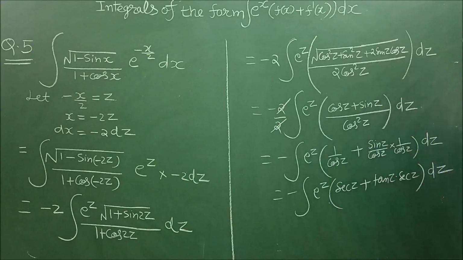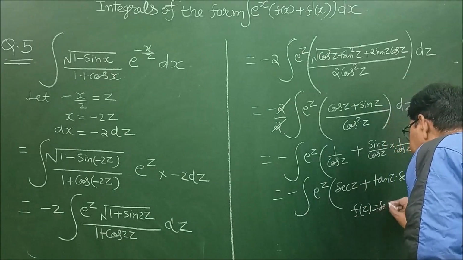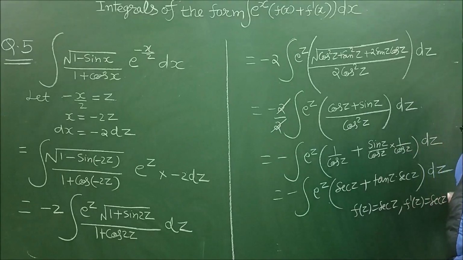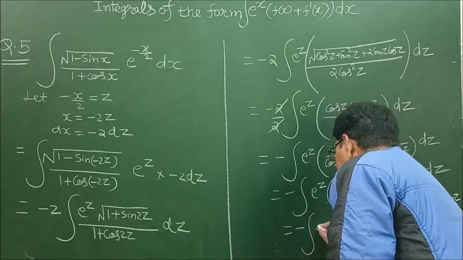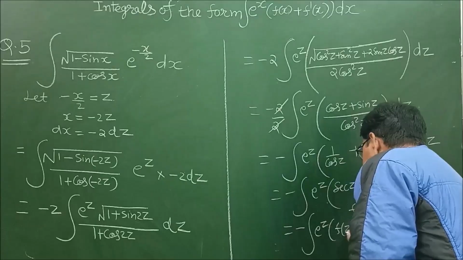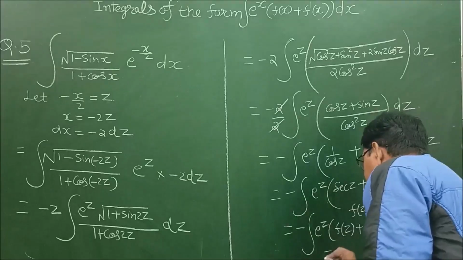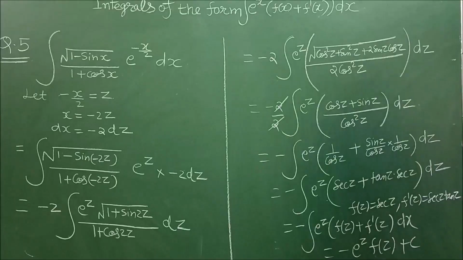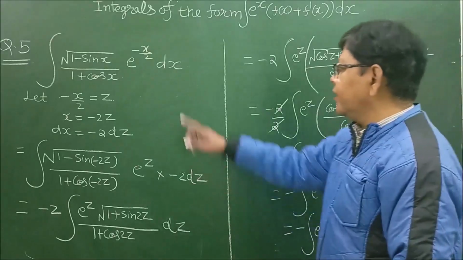Now you can observe that the derivative of sec z is present here. So taking this function as f(z) is equal to sec z, then f dash z is equal to sec z tan z. Now this integral reduces to minus e raised to the power z times f(z) plus f dash z, dz, which is equal to minus e raised to the power z f(z) plus c. Now putting the value of z here, the value of z is minus x by 2.